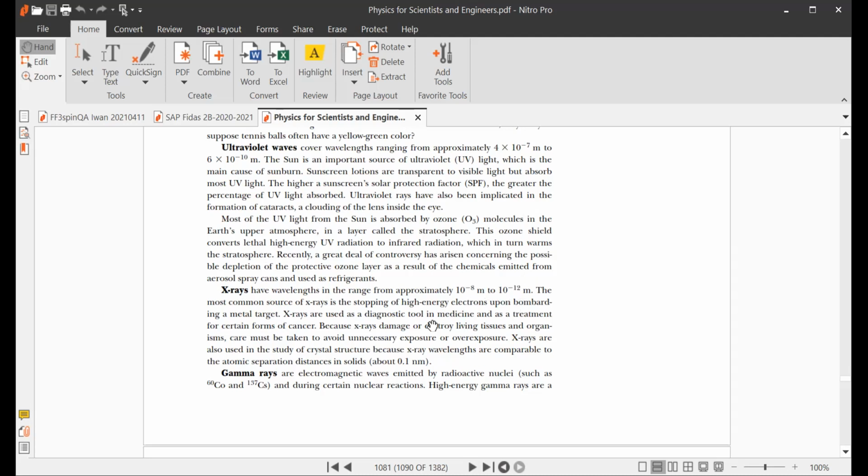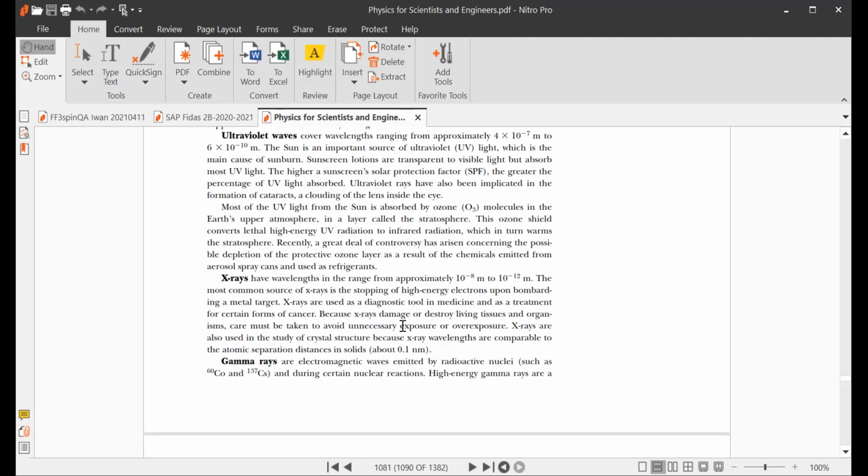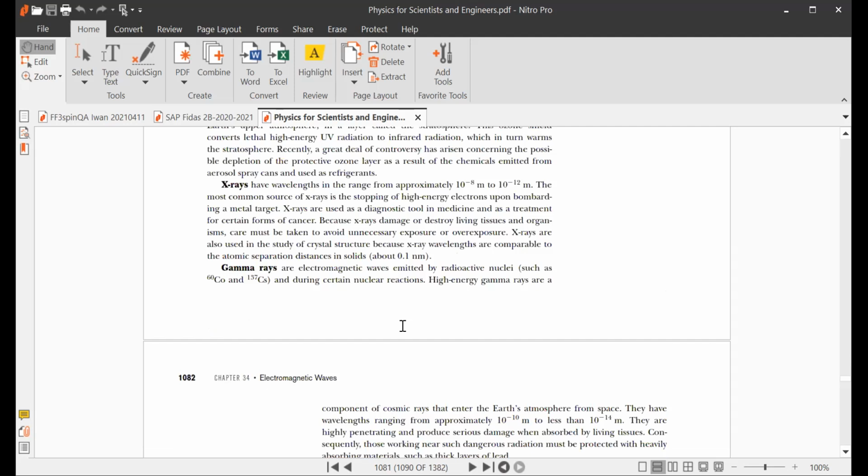X-rays have been used for medical purposes, like X-ray diagnostics, X-ray photos to see our inner body, such as bone, organs, and so on. And the last one, which is the highest energy of all, is gamma rays.